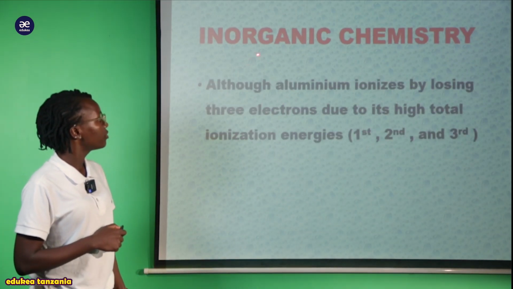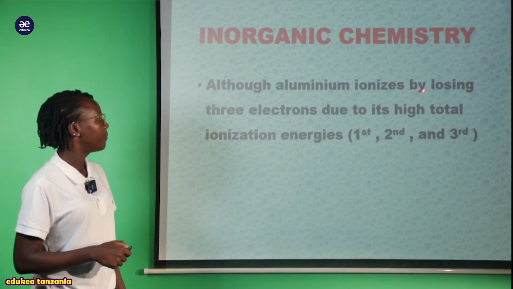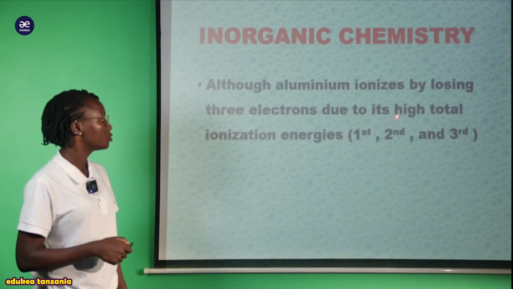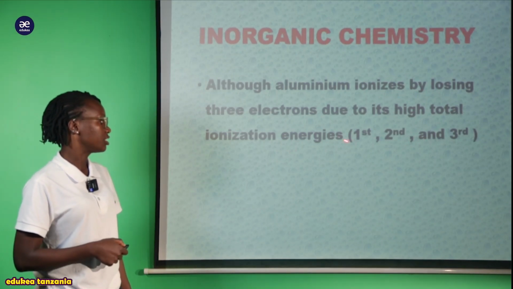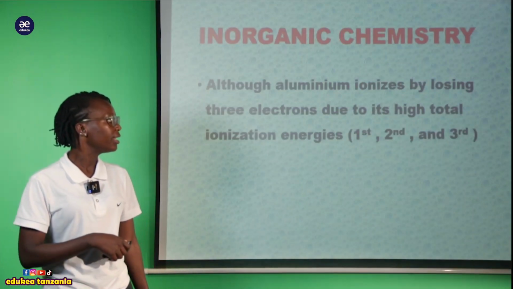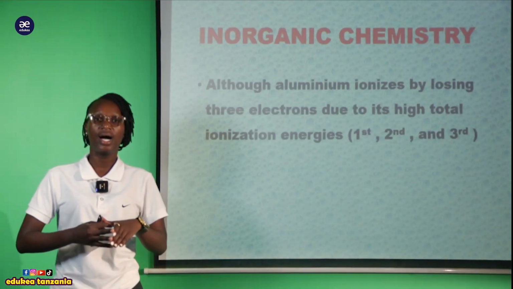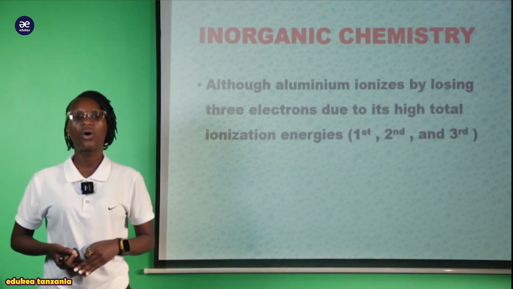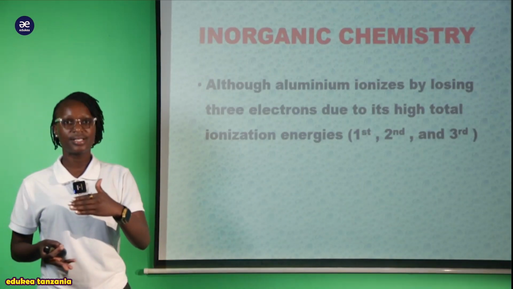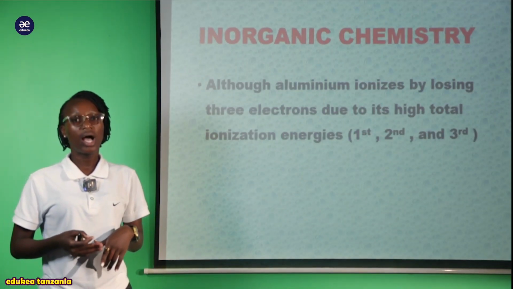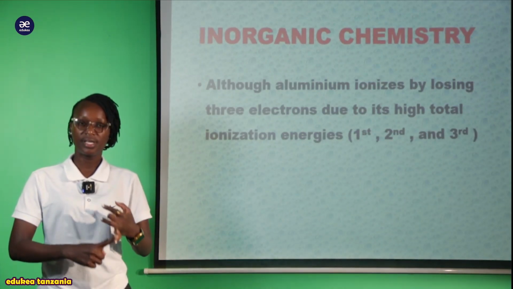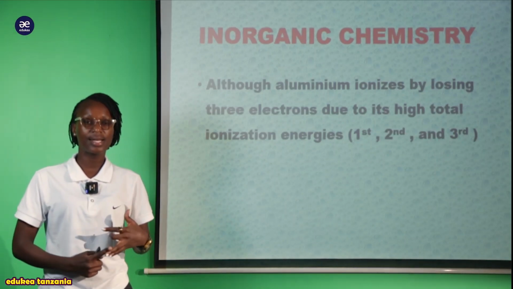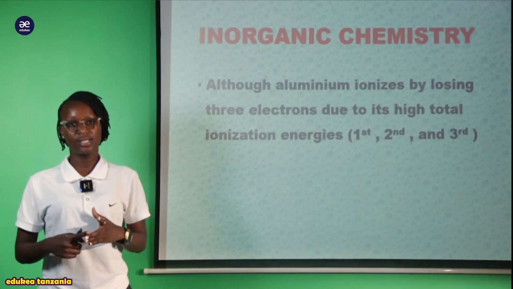So anasema kwamba although aluminium ionizes by losing 3 electrons due to its higher total ionization energies. Kwamba aluminium, as we know yenyewe ina zile electron 3 au tunajua kwamba ina valence shells or valence electrons 3. Kwa hiyo obviously it undergoes first ionization energy, second ionization energy and third ionization energy.